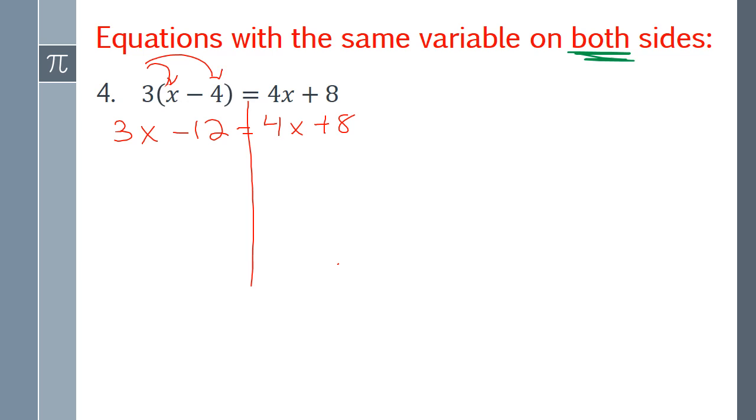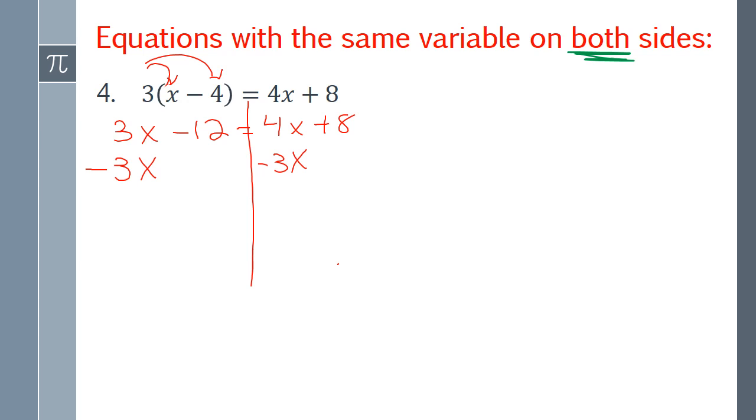As you notice, 3x and 4x are on opposite sides of the line that I have here, which means to get rid of one of them, I'm going to have to use the inverse operation.